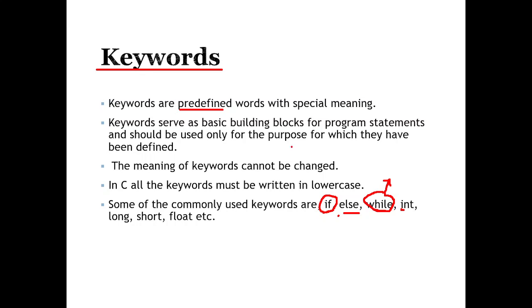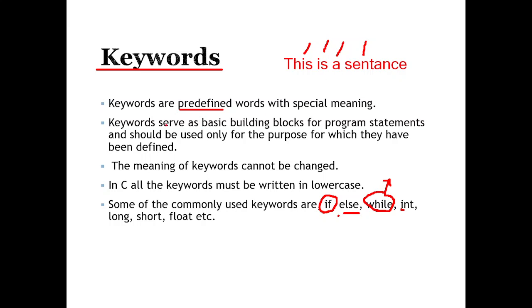So why do we use them? You know very well these words. For example, in a sentence, you know there are words, verbs, and so on. I'm not going to teach you English grammar now.